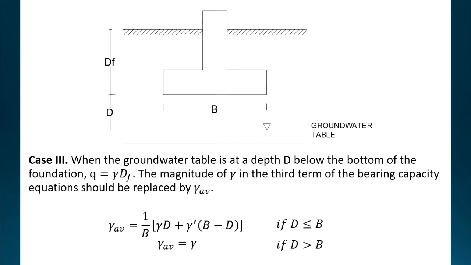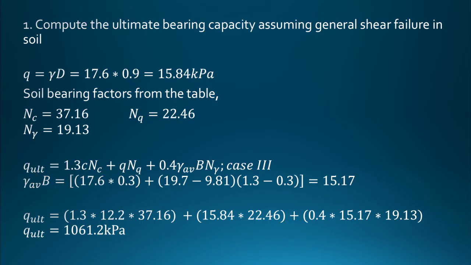Pansinin nyo dito, no, yung 1 over B na nasa right side, nilipat ko na lang sa left side. Kasi yan lang din naman yung kabuuan dun sa equation ng Q ult naman. So, para hindi na ako over B pa dyan, lipat ko na lang yung B sa kabila. No? Since kabuuan naman ng gamma AVB, nandun na rin sa Q ult equation. So, we will get 15.17. Tapos, substitute mo na rin agad, diretso, Q ult. Ayun na yung value natin, 1,061.2 kilopascals.